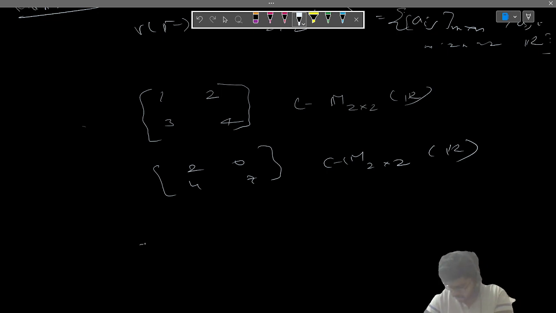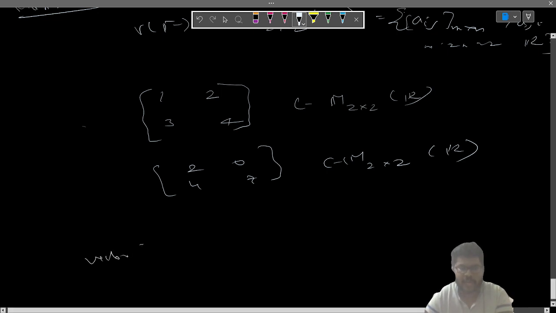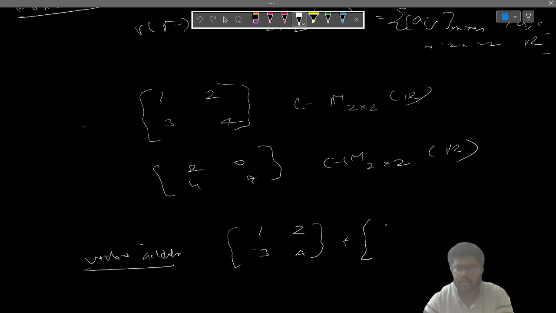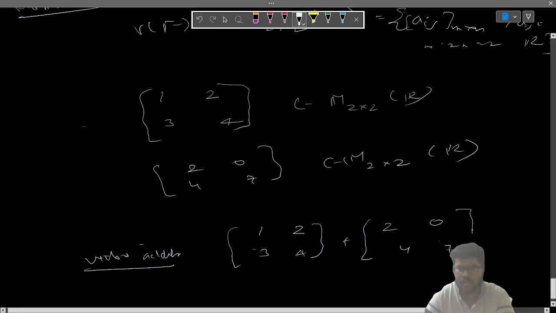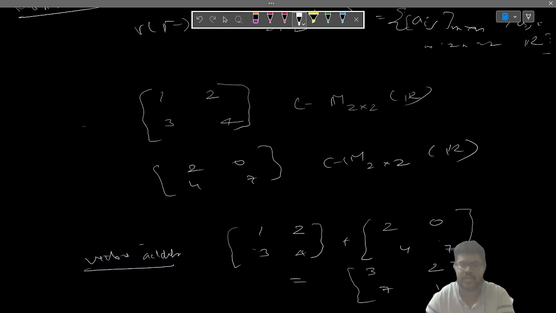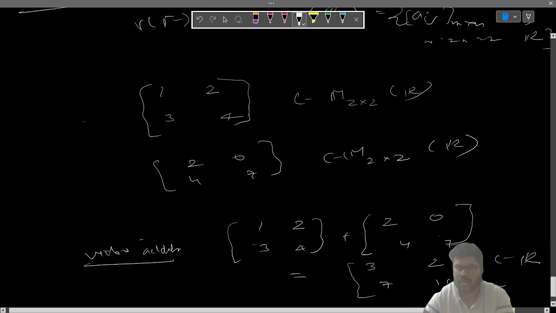Now if we add both the matrices, then it is [1 2; 3 4] plus [2 0; 4 7]. This is [3 2; 7 11]. So it is again a 2 cross 2 matrix with real entries, right?